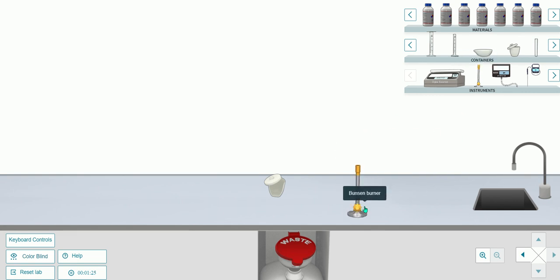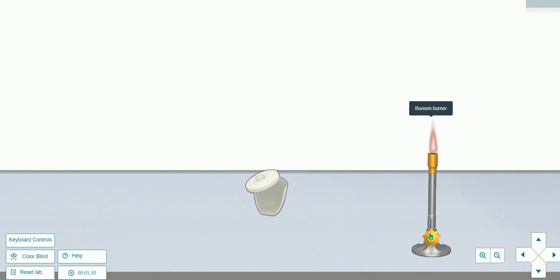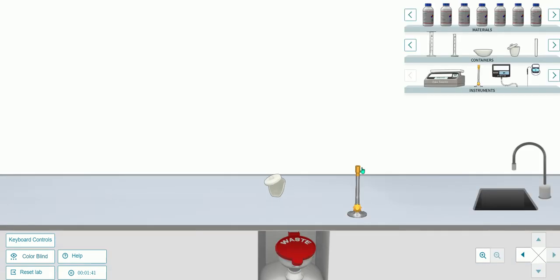Brought over your Bunsen burner, the way you turn it on. There's 3 settings: your low, your medium, and your high, and then off. So that's how you turn on the Bunsen burner. Just click on this little knob. Other than that, not really much different. You're using your balance. Remember, it gives you 3 decimals, so that's what I want to see in your observations, the data you record.